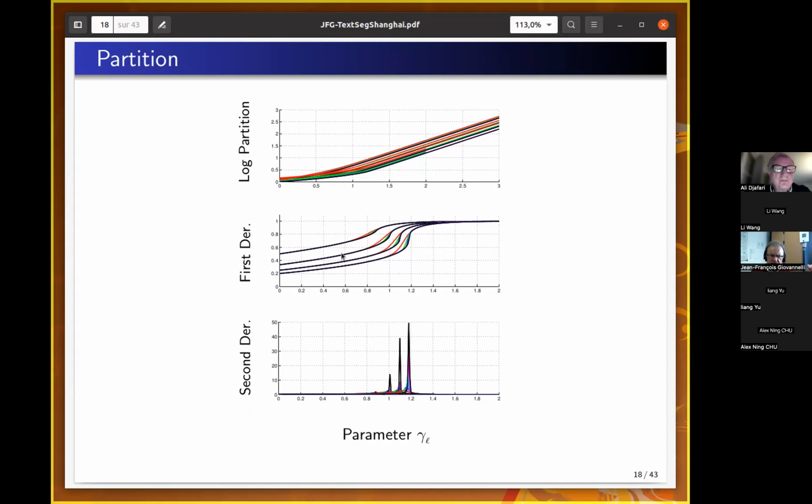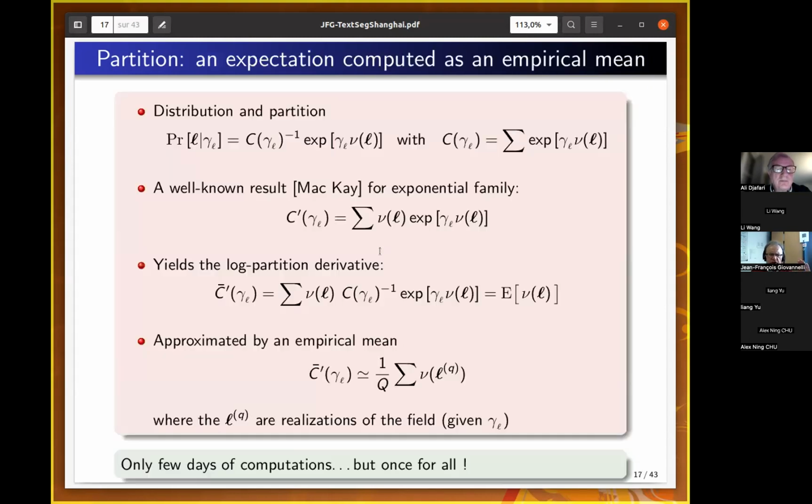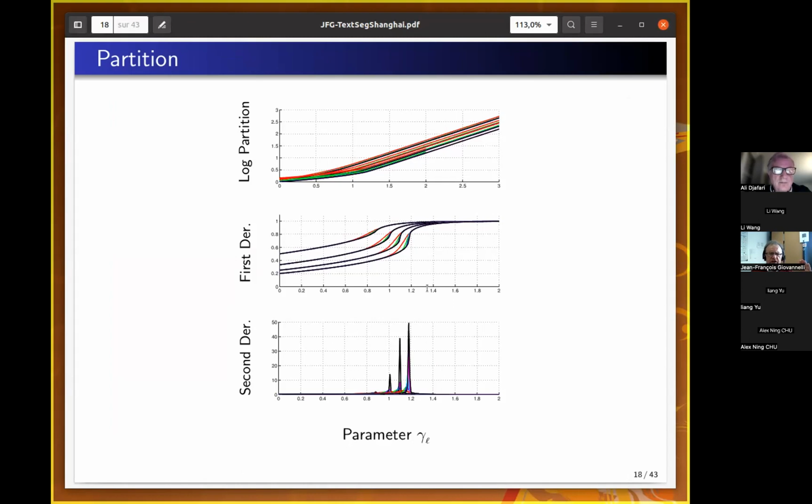Given that this is just computed as an empirical mean, just for fun we derive it to have the second derivative of the log partition. And then we numerically integrate that. It is easy, there is no problem. By numerical integration of the derivative of the log partition, we have the log partition. This is interesting in relation with the physics models described by the POTS model.